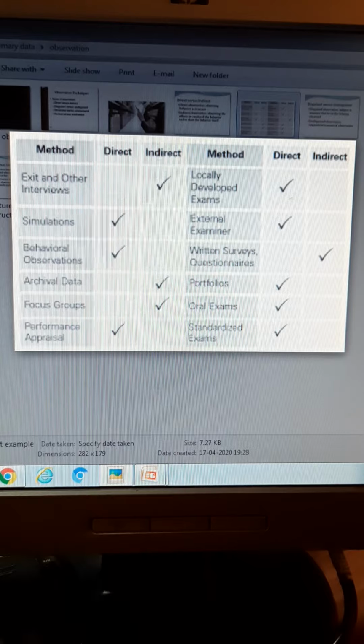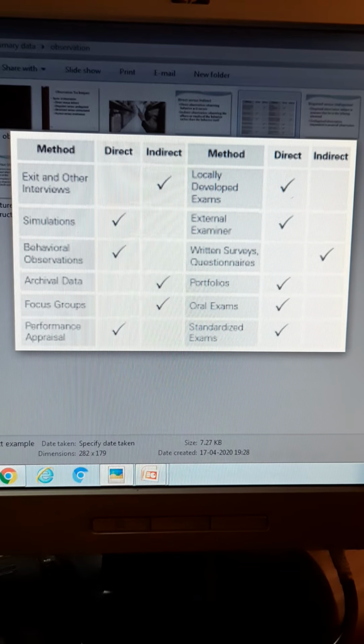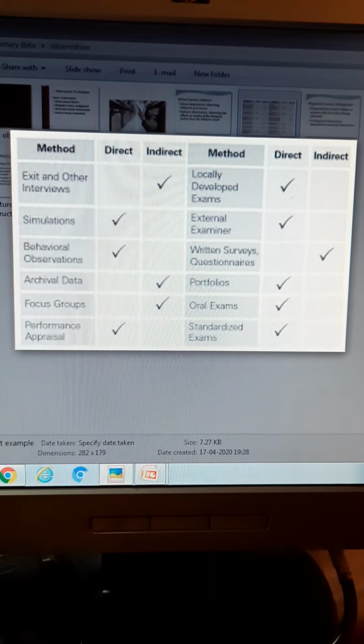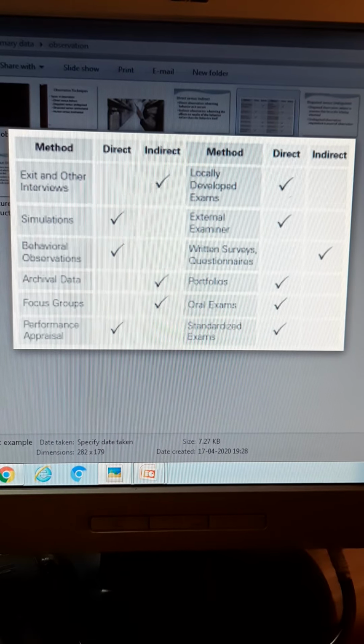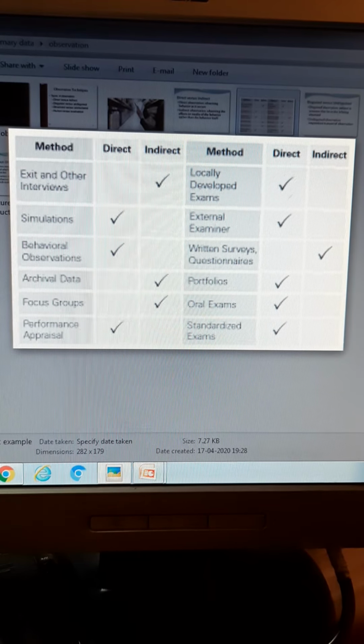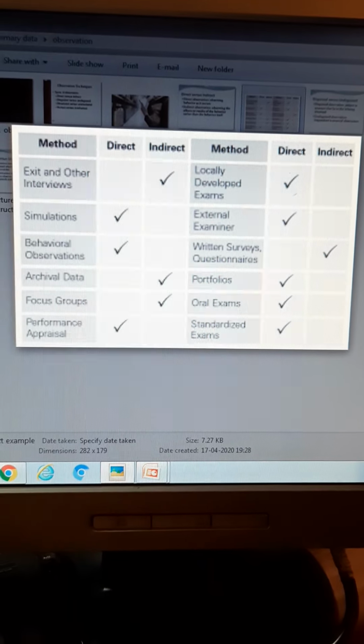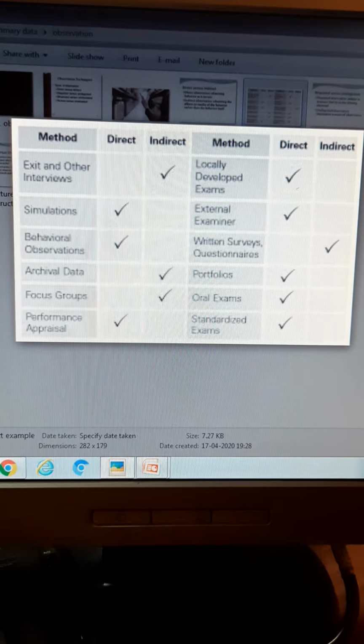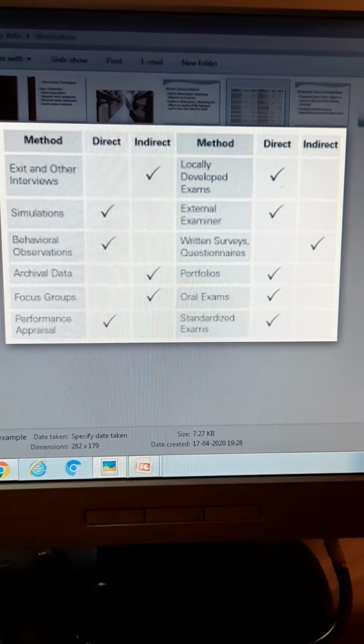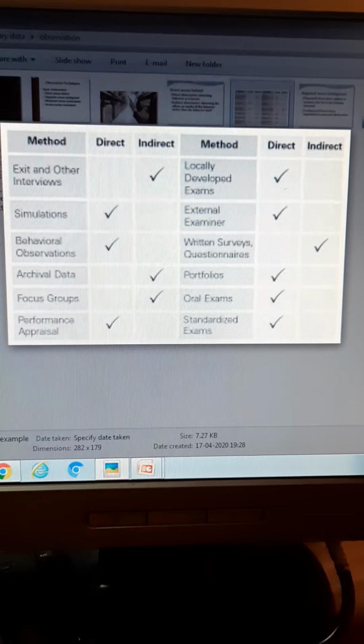Behavioral observation. It can be done directly or indirectly. Directly is looking face to face and finding out. Indirectly is another person coming and looking up without the knowledge. Archival data. Indirect method. Supposing I want to see how many books in your library is being used.